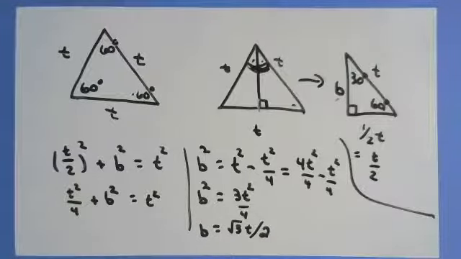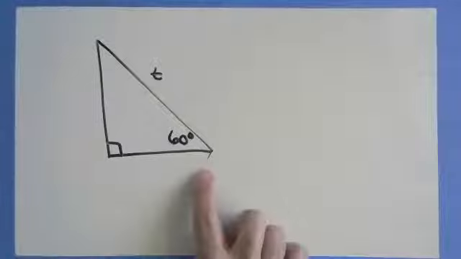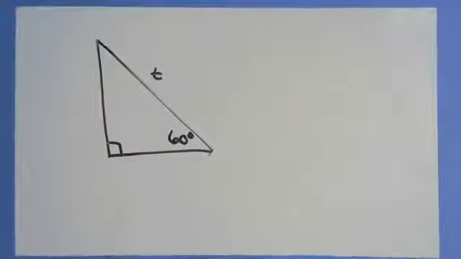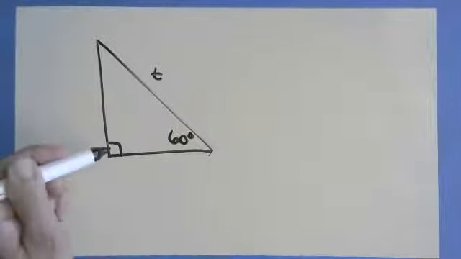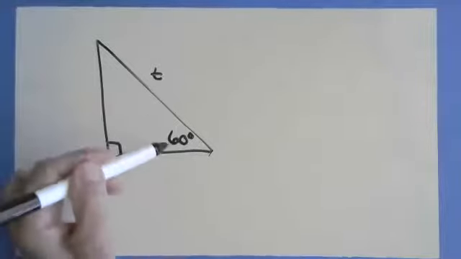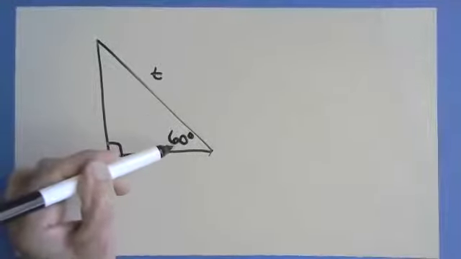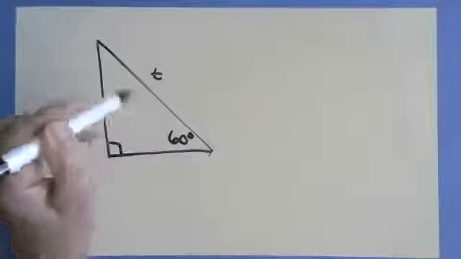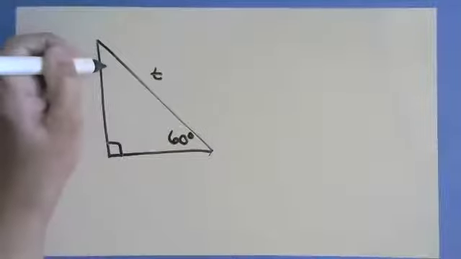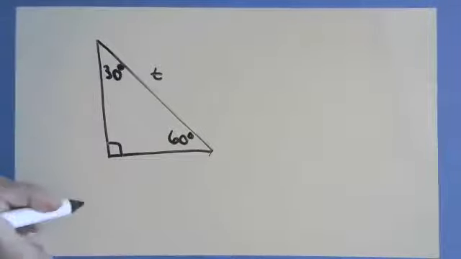I'm going to pause the recording, erase my board, and relabel the parts. Here is my second special right triangle. We started with an equilateral triangle. We split it to form a right triangle. That angle translated over to 60 degrees, and the fact that it is complementary with this angle tells us that this angle is 30 degrees.